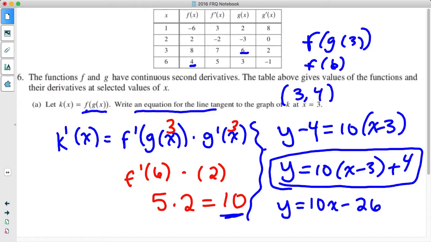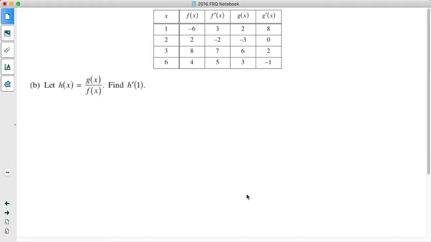Okay? All right, so next for Part B, quotient rule. Okay, so we're trying to find h prime. We're looking for the derivative. So when we find h prime of x, doing our derivative here.